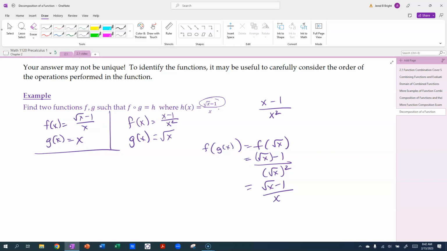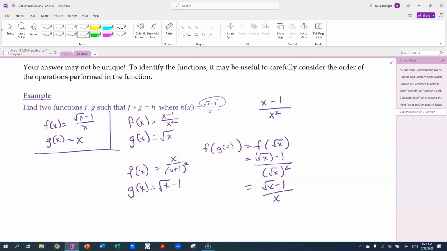There are variations that you can do of all this. For instance, you could try g of x equal to square root of x minus 1 and just let it be the entire numerator. Then your f of x function would shift a little bit. You'd have to have x in the numerator and then x plus 1 in the denominator all squared.